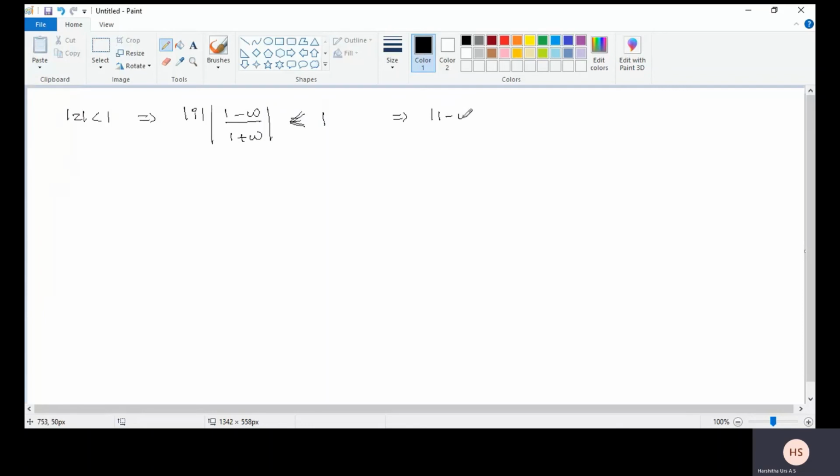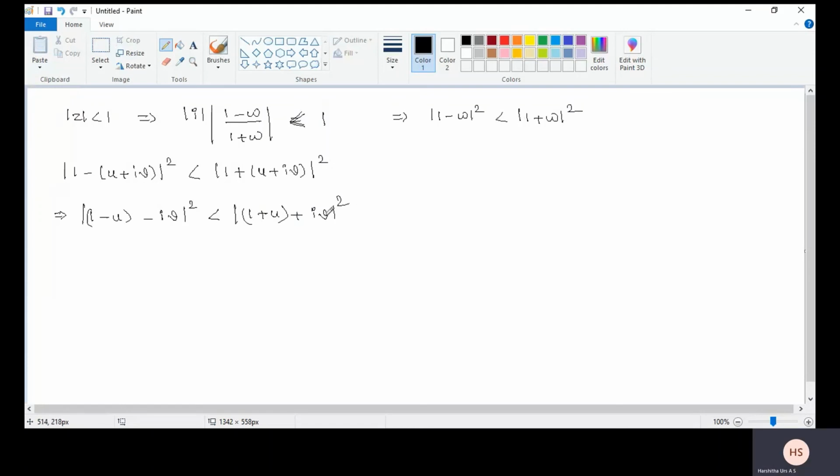So, mod of (W - 1) whole square is less than mod of (W + 1) whole square. Now, we know that W is u + iv, so mod of (u + iv - 1) whole square is less than mod of (1 + u + iv) whole square. Now, I will group the real with the real term. (u - 1) plus iv whole square less than mod of (u + 1) plus iv whole square.